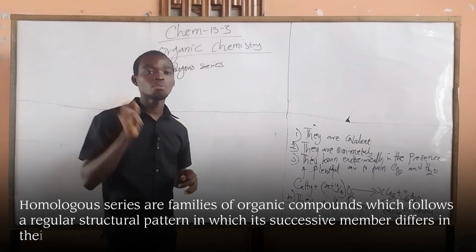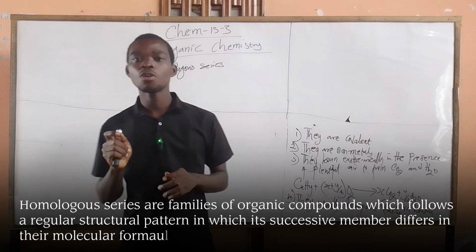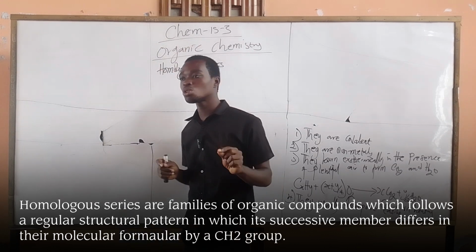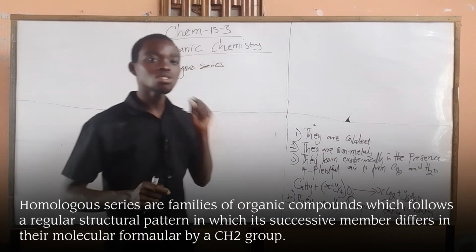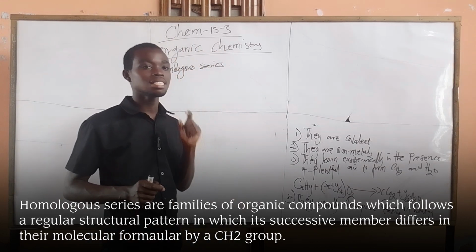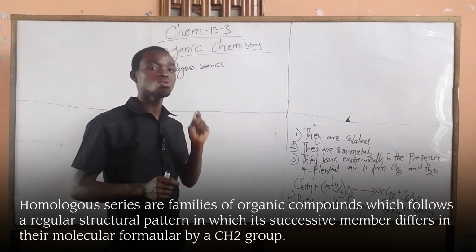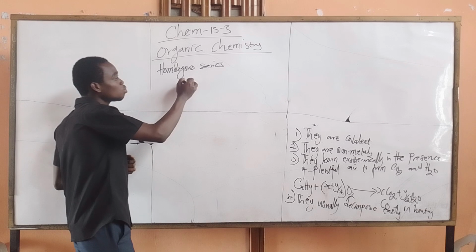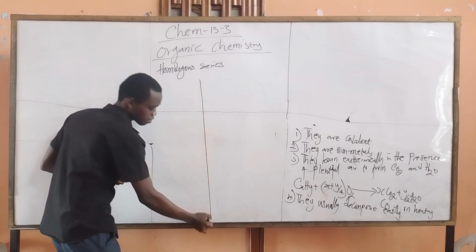I said homologous series are families of organic compounds which follow a regular structural pattern in which each successive member differs in their molecular formula by a CH2 group.